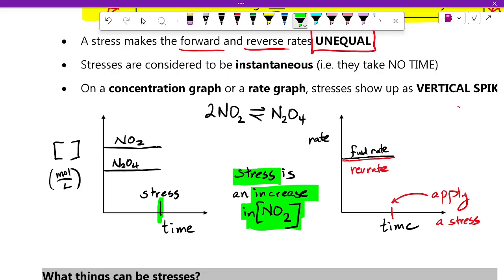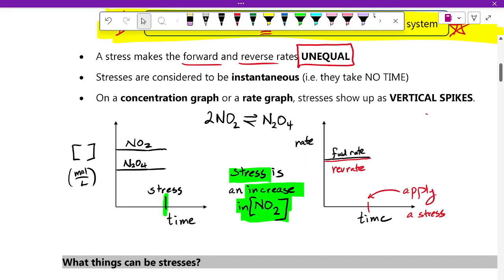It will spike up, and it's going to be a vertical spike because remember, it takes no time. So the NO2 is going to go straight up. That is our vertical spike.